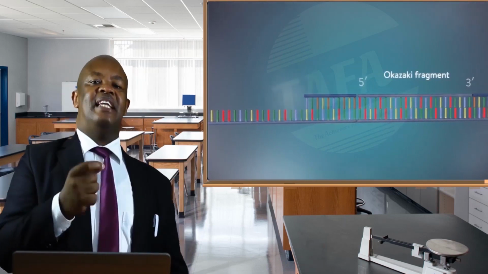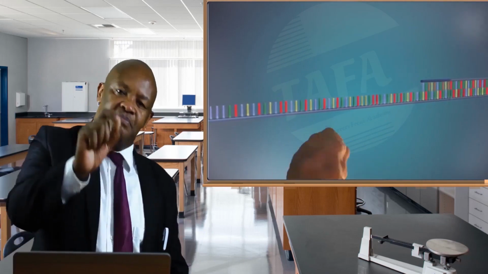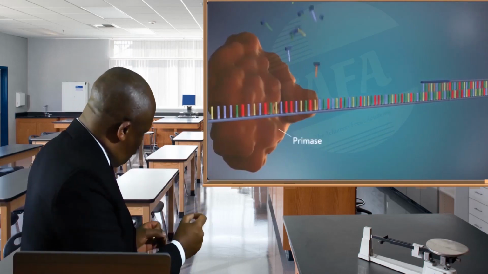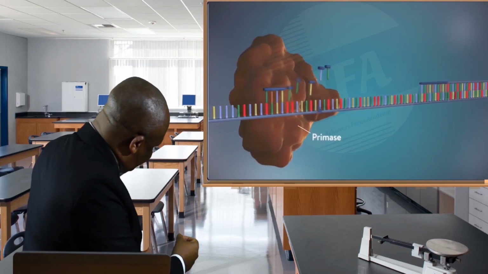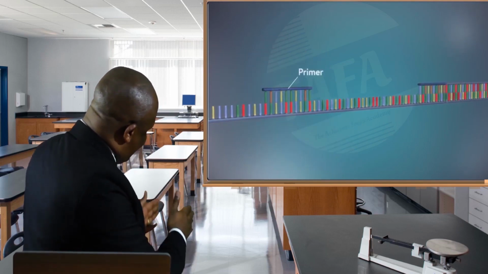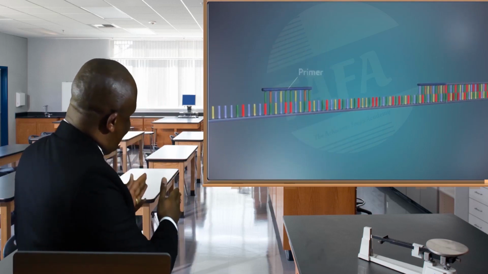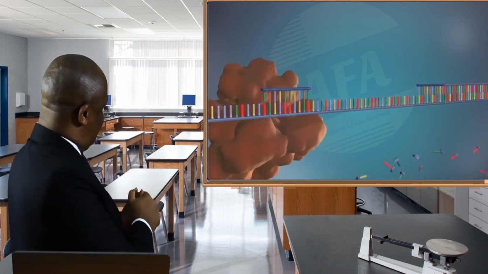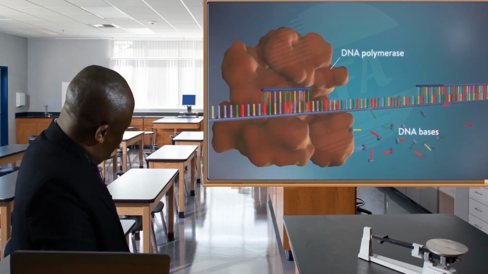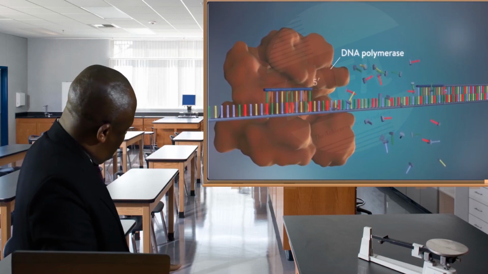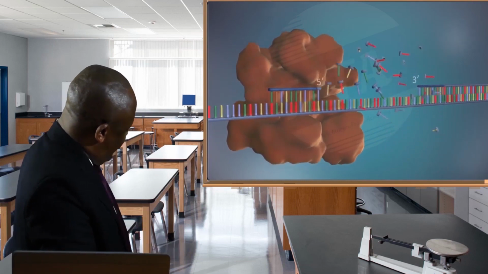Remember, a nucleotide has a base attached to it, and that base will come and look for the complementary base along the strand. They will align themselves until a new strand is formed, as shown there on the board.